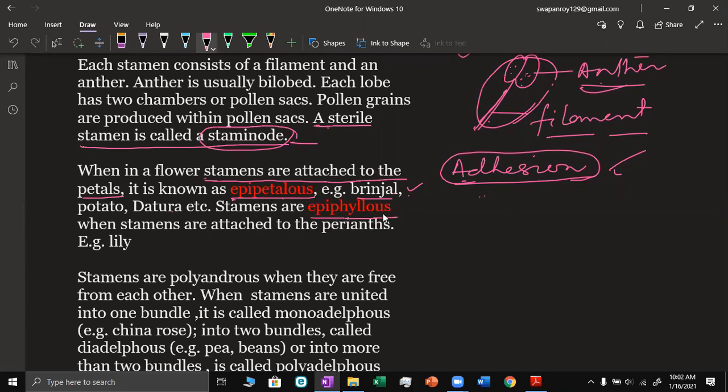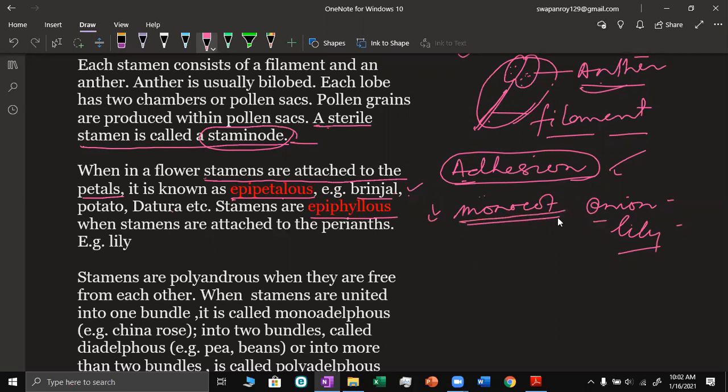But in the case of monocots like onion and lily, the calyx and corolla are not very distinct.